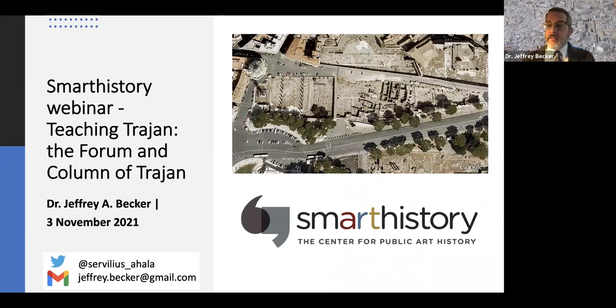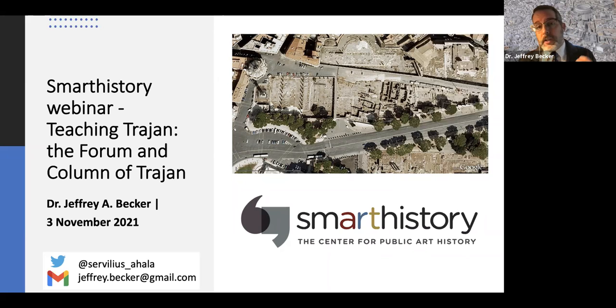We need to think about activating these objects a bit, and we need to enliven the canon by remembering that we can, in many cases, reanimate objects by putting them into appropriate social, cultural, economic context that surrounded their creation.